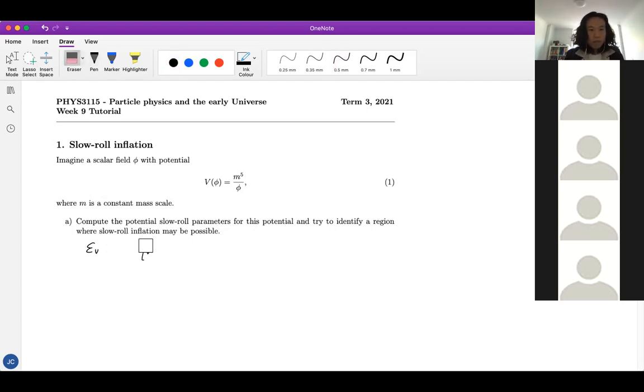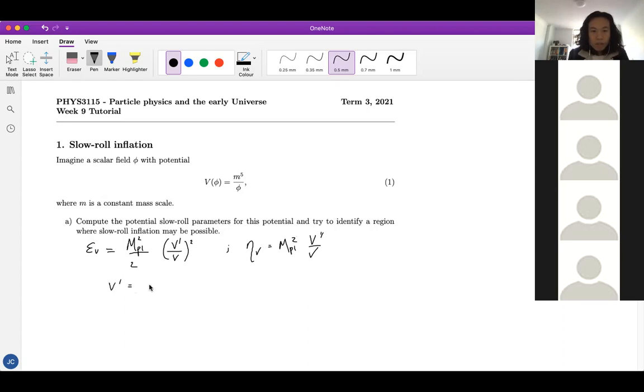So the potential slow roll parameters are just epsilon V and eta V. Epsilon V is M_Pl squared divided by 2, times V dash over V, squared. And eta V is the Planck mass squared times the second derivative over V. Now we're just given V, so all we have to do is work out these two derivatives.